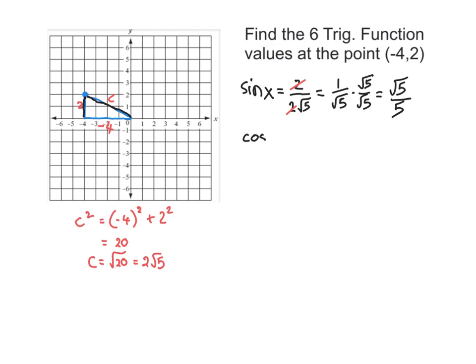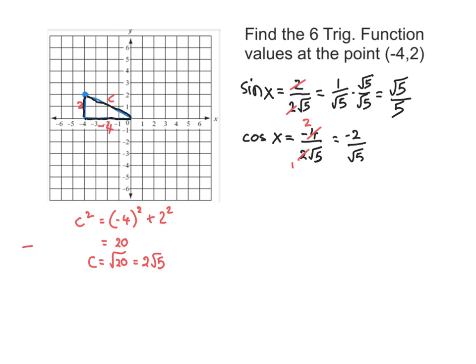We come on to cos x. We get the adjacent, negative 4 there, over the hypotenuse, 2 root 5. And again, the 4 and the 2 will reduce, and we get negative 2 over root 5.